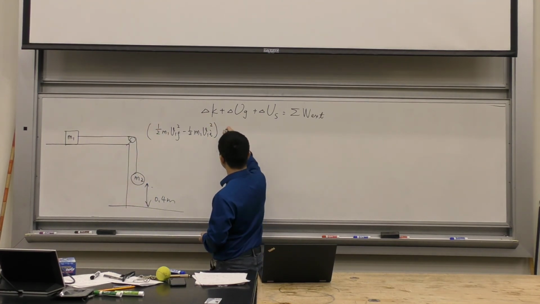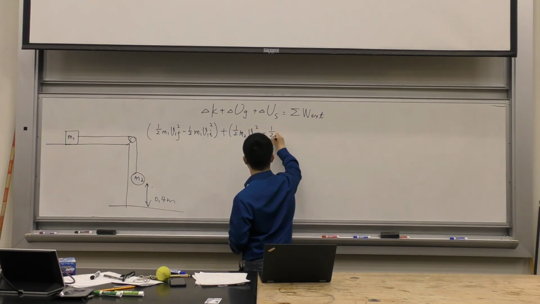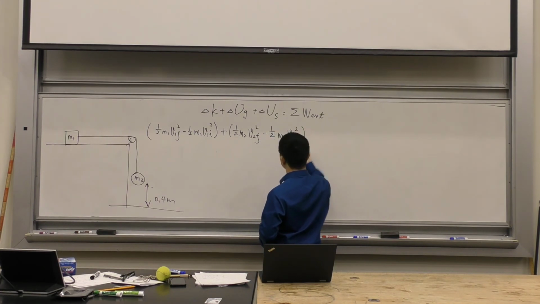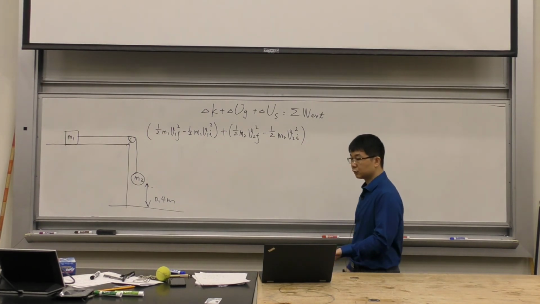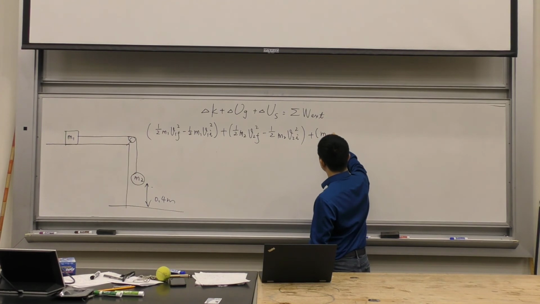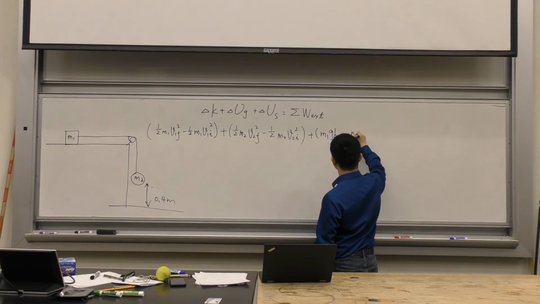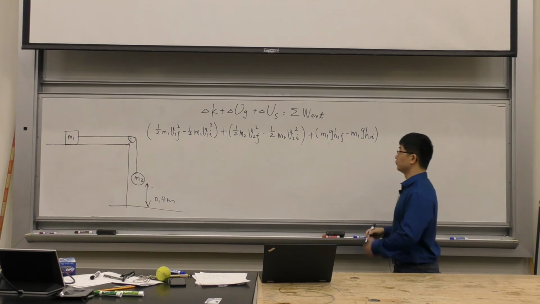It's for M1, then do the same thing for M2. So that's delta K. I got 4 terms, that's fine. I just got more terms. I'm not using a new theory. Now M1 g, let's do gravitational potential energy. And do the same thing for M2.